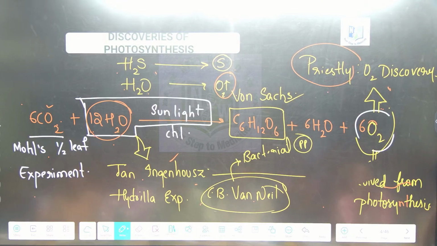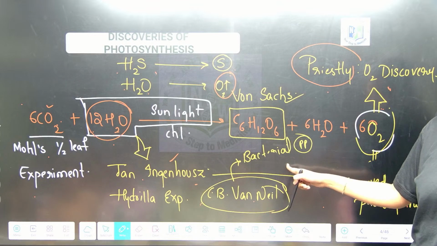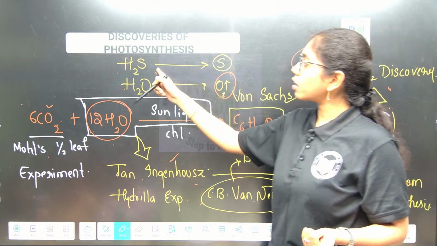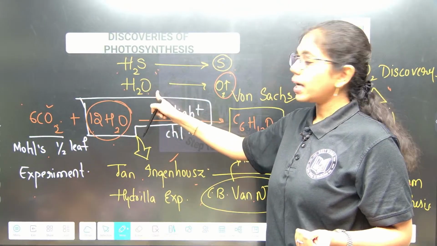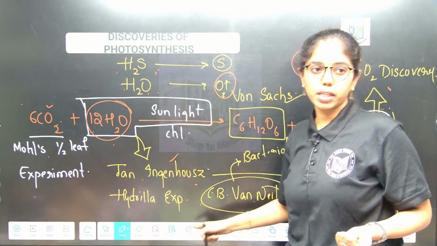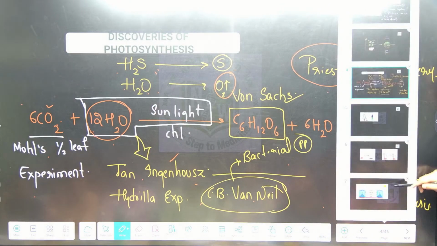Engelmann's experiment. Who conducted bacterial photosynthesis? Who said that H2S is the electron donor for bacterial photosynthesis? Who said that water is the electron donor? Van Niel. This is the complete discoveries part now.